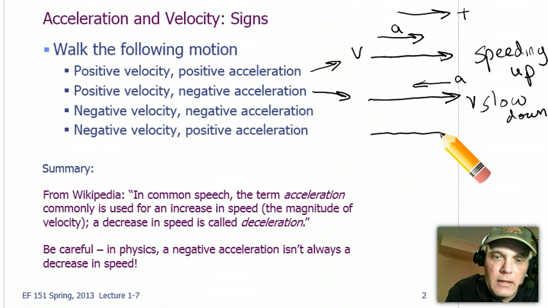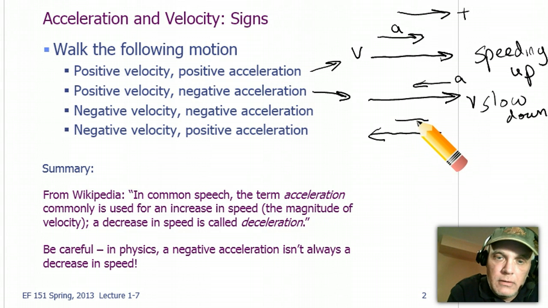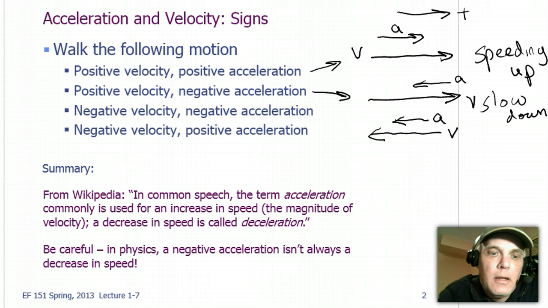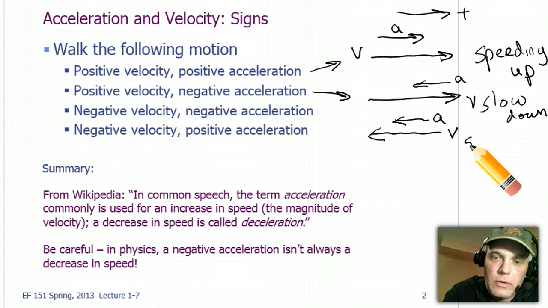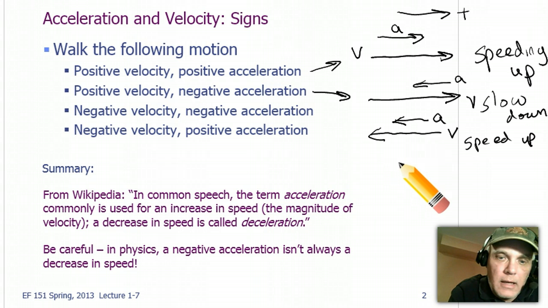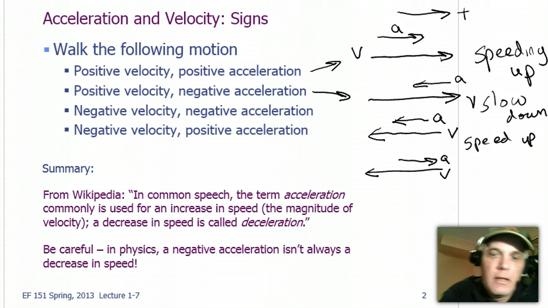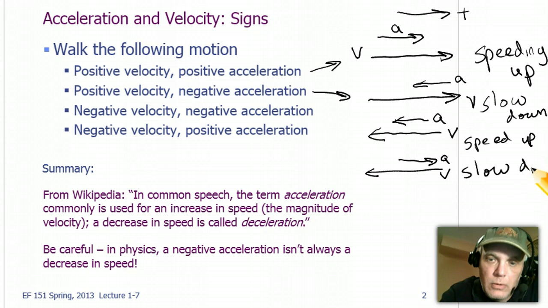So now our velocity is to the left, negative acceleration. The signs are the same. We're going to speed up. And the last case, I think you see it coming, negative velocity, positive acceleration. The signs are opposite. We are going to slow down.